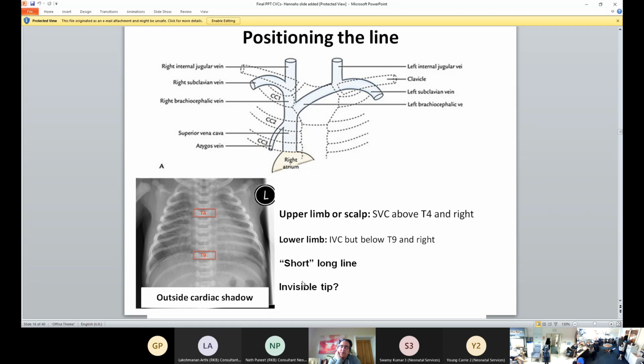The third thing is invisible tip. Invisible tip means in a wrong position. But before we say that, in the past, we used to use contrast when we insert a long line. We used to use contrast to see the course of the long lines on the X-ray.